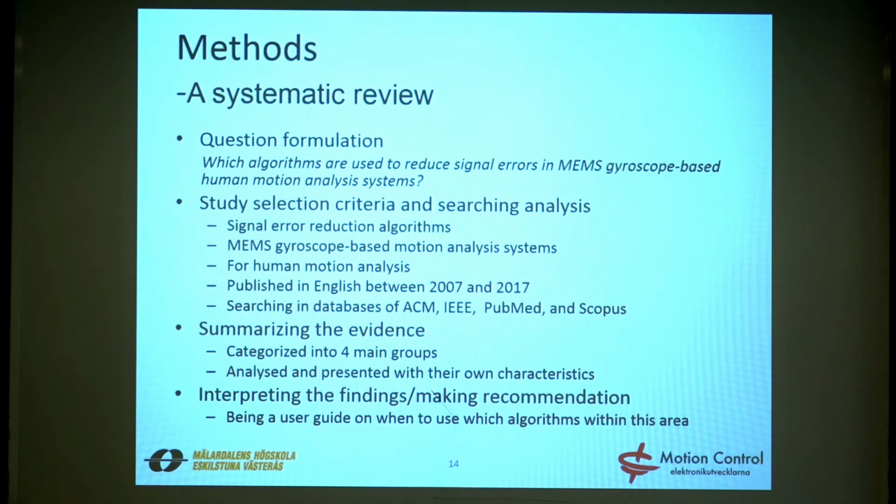For the systematic review, firstly, we formulated the question according to the criteria. Which algorithms are used to reduce signal errors in MEMS gyroscope-based human motion analysis system? And then we have the selected inclusion criteria and exclusion criteria, with the signal error reduction algorithms in MEMS gyroscope-based motion analysis system, and for human motion analysis.